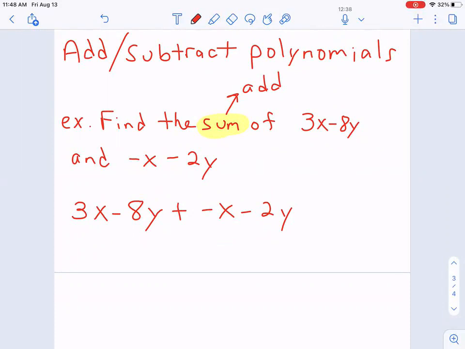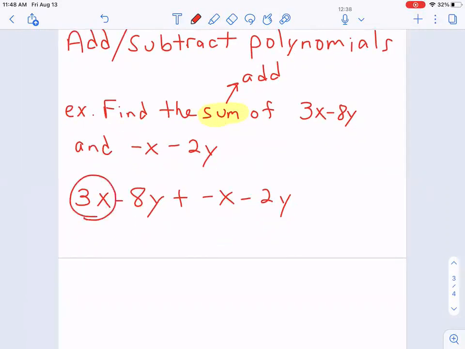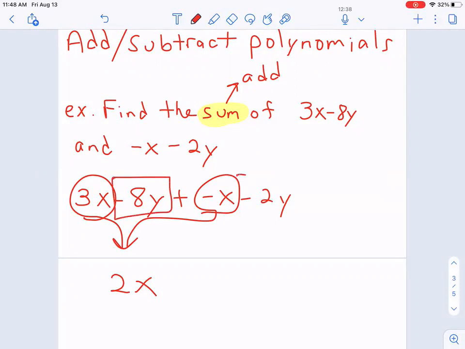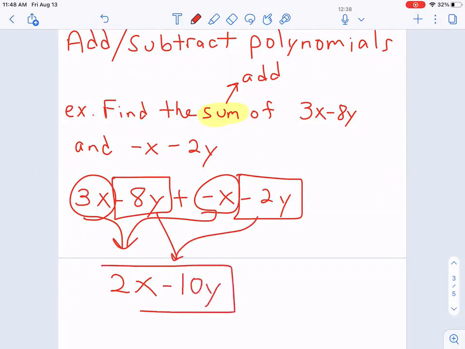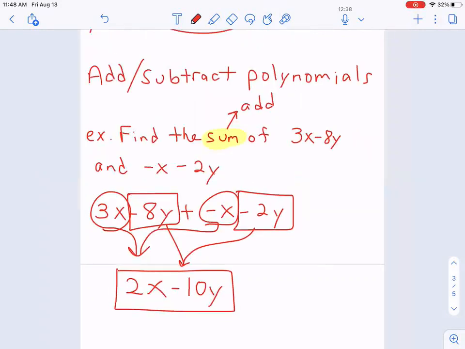All right, so I'm just going to combine my like terms. What do I got here? 3x and negative x. So 3 minus 1, that would be 2x, right? And I have negative 8y, negative 2y. That's going to be negative 10y. Okay, so I found the sum. I just added them together.